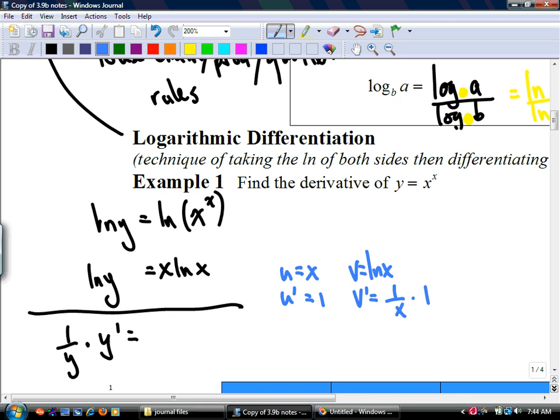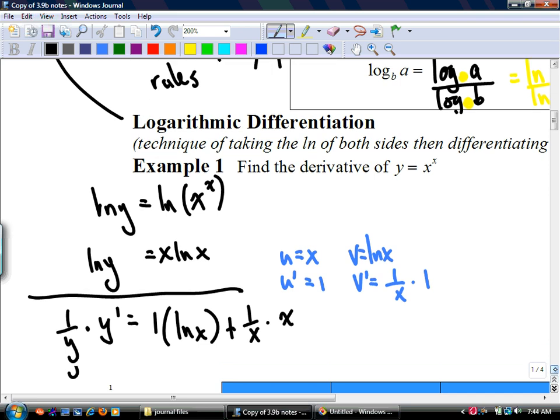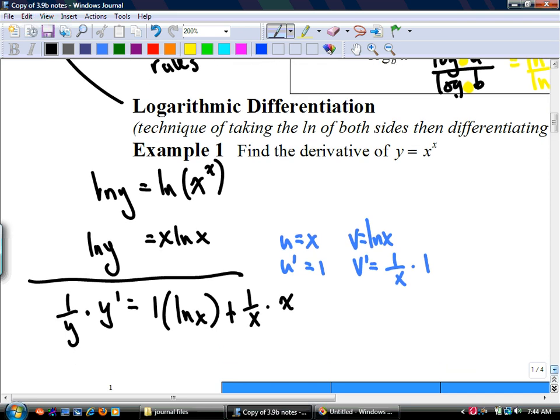So put it in the product rule: derivative of the first times the second plus the derivative of the second times the first. Now what?